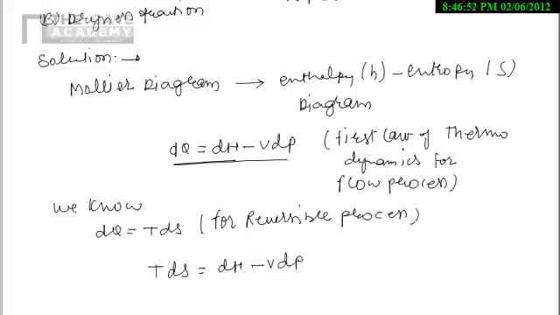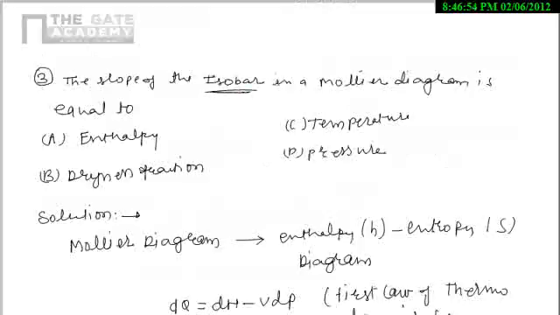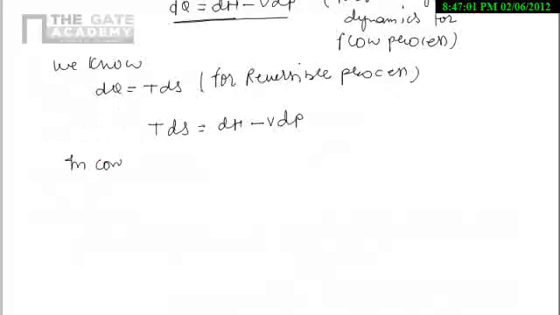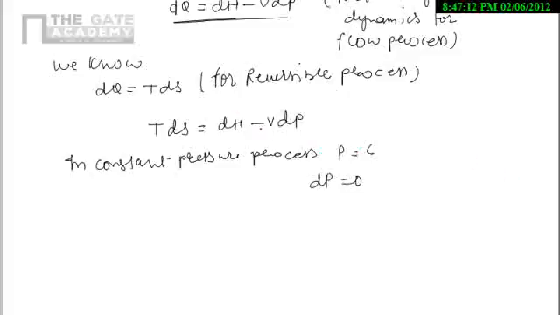Now we are talking about slope of the isobar. Isobar is nothing but constant pressure process. So in constant pressure process, P equals C, so dP will be 0. And if I put dP equals to 0 here, I will get T dS equals to dH.